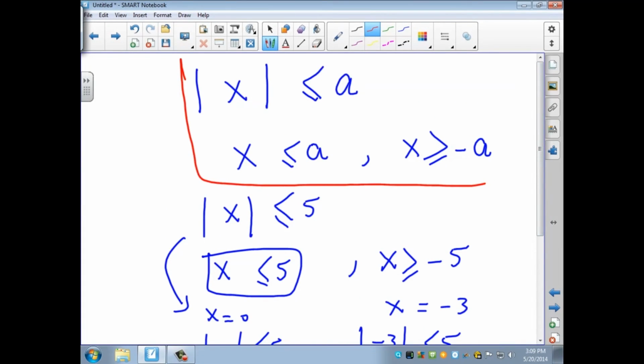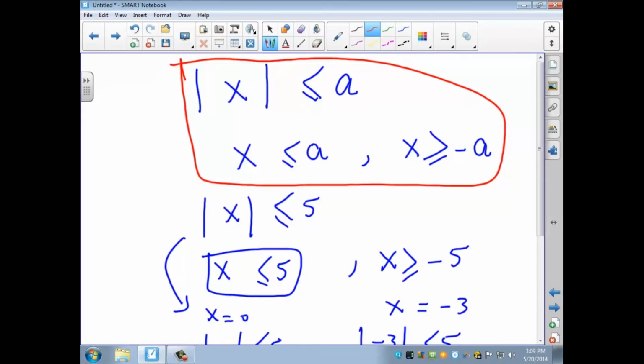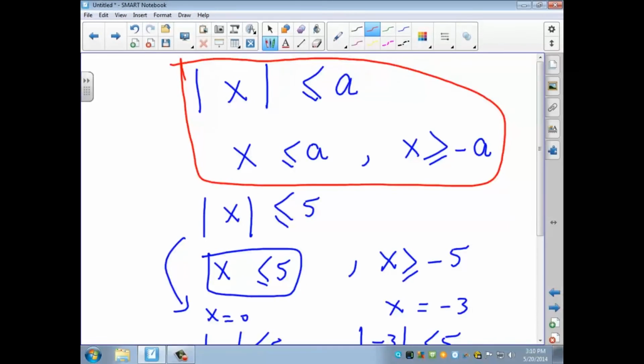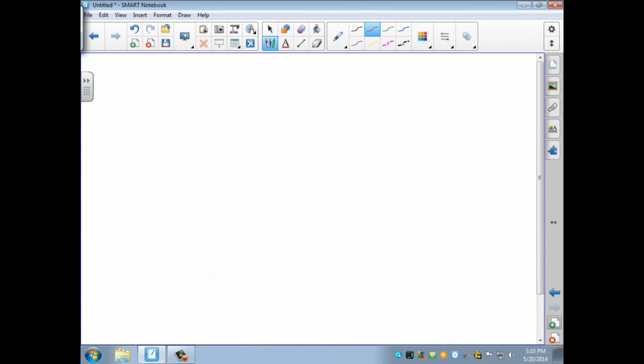If you have the absolute value of x or any expression less than or equal to a constant, that means that expression or that x is less than or equal to a or greater than or equal to minus a. What if the absolute value of x is greater than or equal to some a?